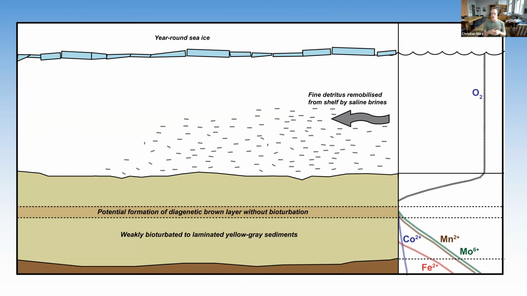And it also allowed us to generate a relatively generalistic picture of what the Arctic Ocean might have looked like. So this is what, let's say, a cold phase in the Arctic Ocean looks like. You have almost year-round sea ice. You have probably very little sediment coming in, probably delivered by saline brines from the shelf.